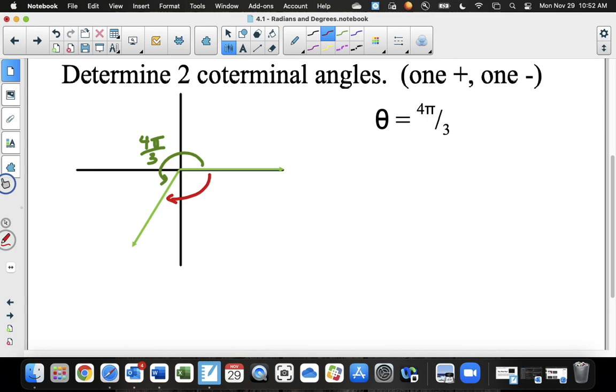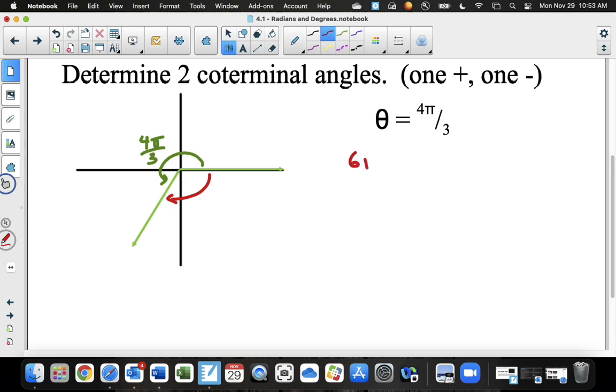How can I find that answer? Like how far I'd have to go in the opposite direction? It's not the reciprocal. You could take 2 pi, the whole thing, and then just subtract off what you already have. That'll leave you with what's left to get you all the way around the circle, and we'll just go the opposite direction. So if we're going to go 2 pi, here's where the fractions come into play again. When we're adding or subtracting, you've got to have a common denominator. What is 2 pi in terms of thirds? 6 pi over 3, there you go. 6 thirds is 2.